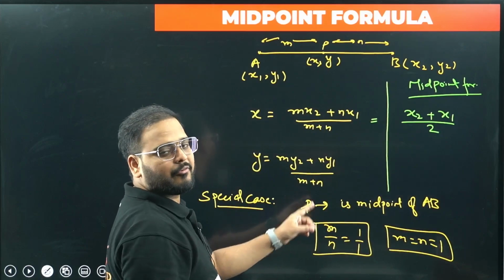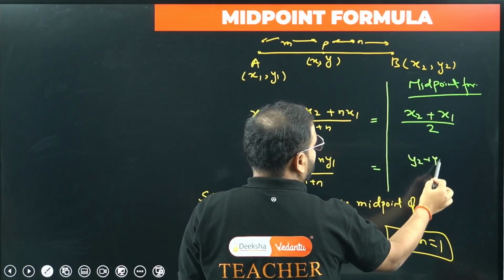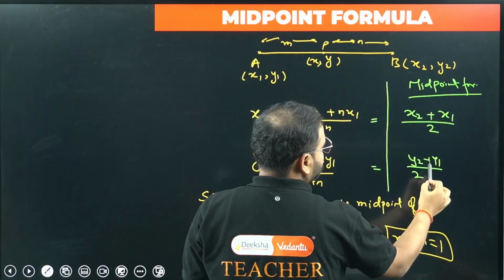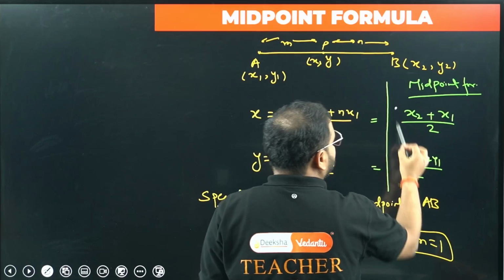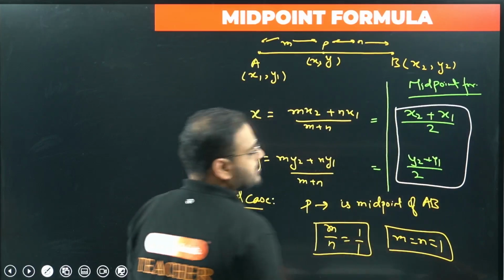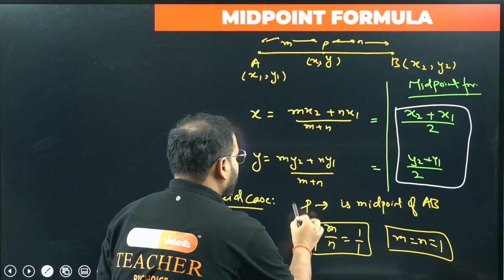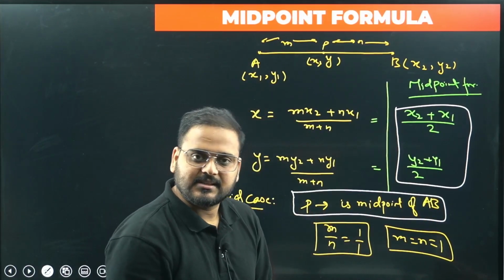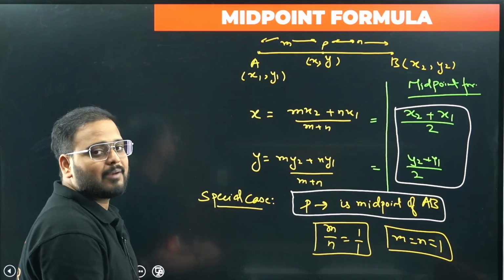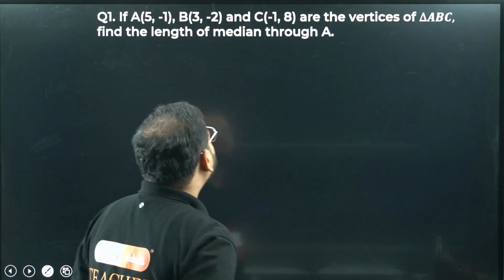Same way I can write for the y coordinate, y2 plus y1 upon 2. This is your formula for the midpoint coordinates, when the ratio is 1 to 1, or when the point on the line is the midpoint. Simple enough. Now I'll move on to the question, a question on the midpoint formula. Have a look. This is question number 1 that we are dealing with.